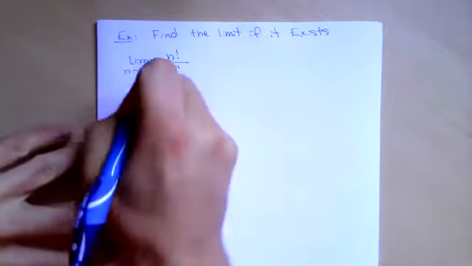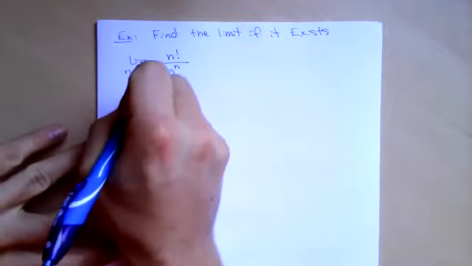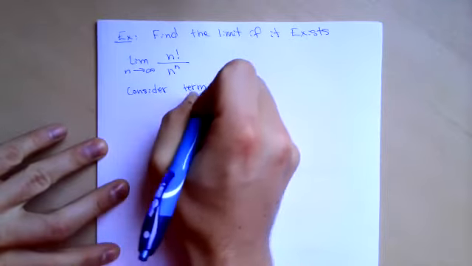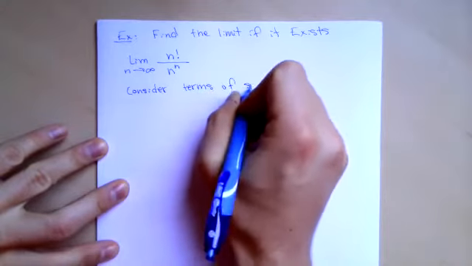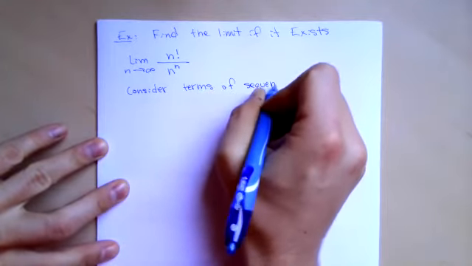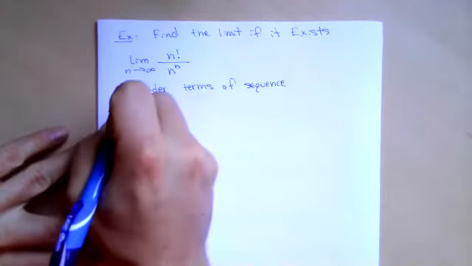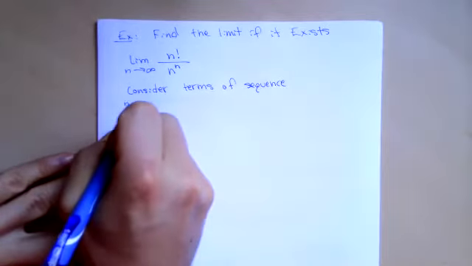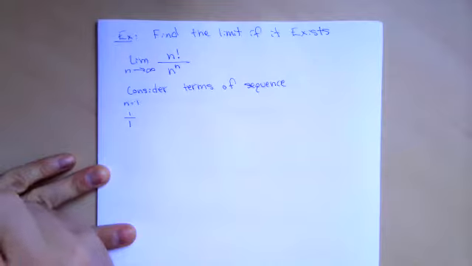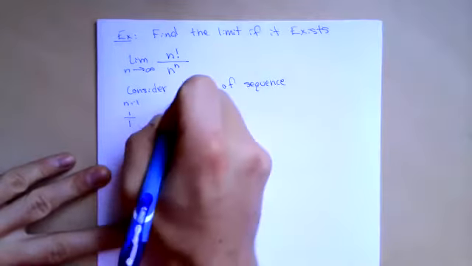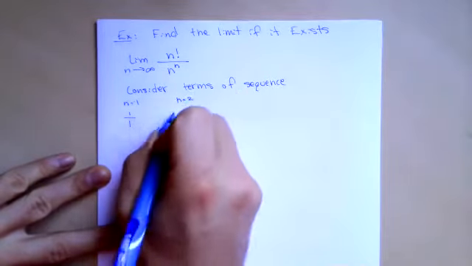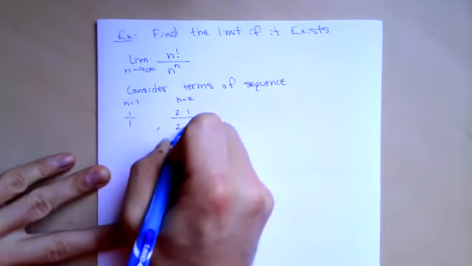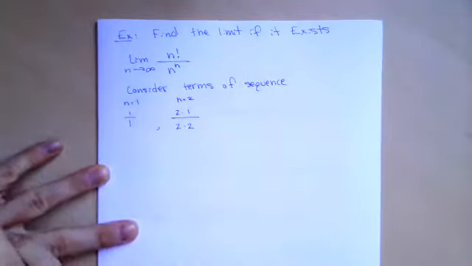And so let's consider terms of the sequence and try to see what's happening. When n equals 1, we're just going to get 1 factorial over 1 to the 1. Our next term, we will have 2 times 1 over 2 squared, or 2 times 2.